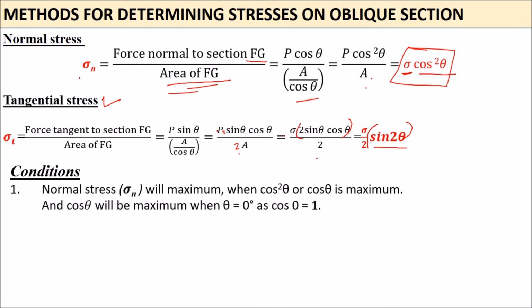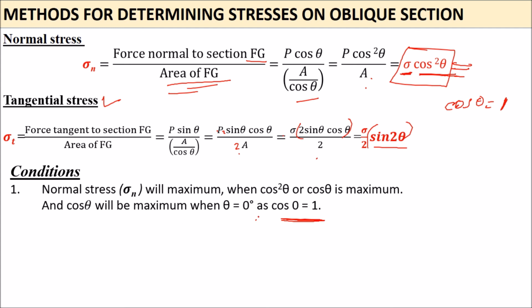Condition first for normal stress. Normal stress sigma n will be maximum when cos square theta will be maximum, because sigma is same. So cos square theta will be maximum, and that maximum value is how much? Cos theta equal to 1. Maximum value of cos theta is 1. So cos square theta or cos theta is maximum when theta equal to 0. This is our formula.